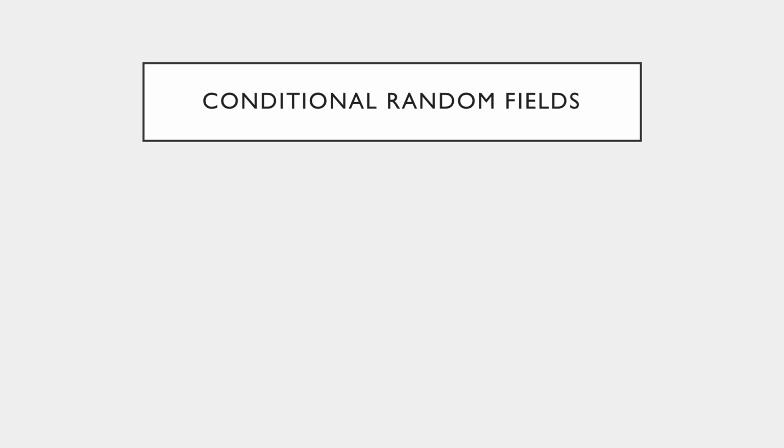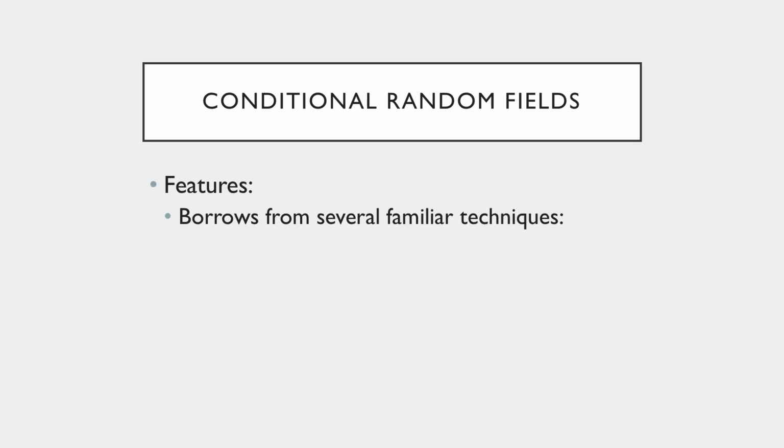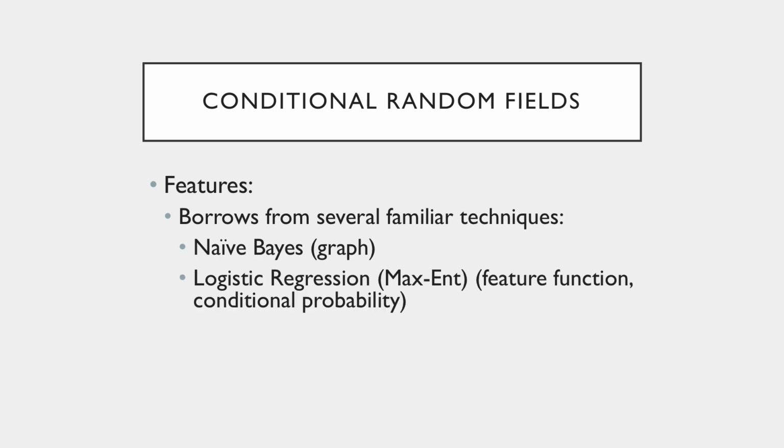So conditional random fields have a lot in common with structures we have looked at in class and in other models. One would be naive Bayes, in that it's a graph-based algorithm. Another would be logistic regression, or maximum entropy model, in that they utilize feature functions and they yield conditional probability.